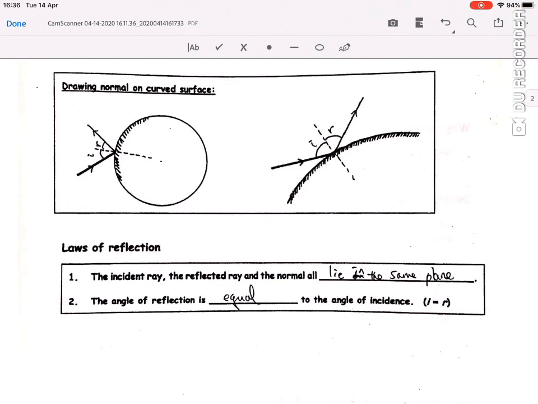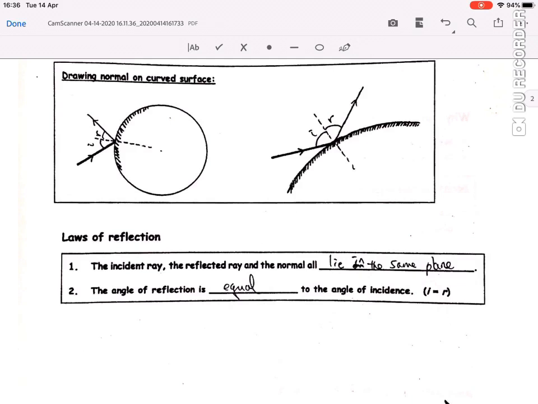Now, in here, the second diagram, you will see that you need to draw in the normal first, the dotted line. Normal is 90 degrees to the surface. So in here, you need to measure 90 degrees from the surface, and it helps if you draw a line perpendicular to the surface of the circle.